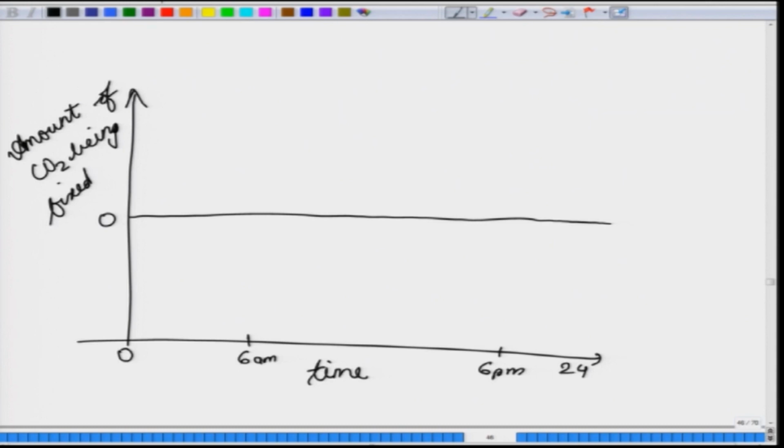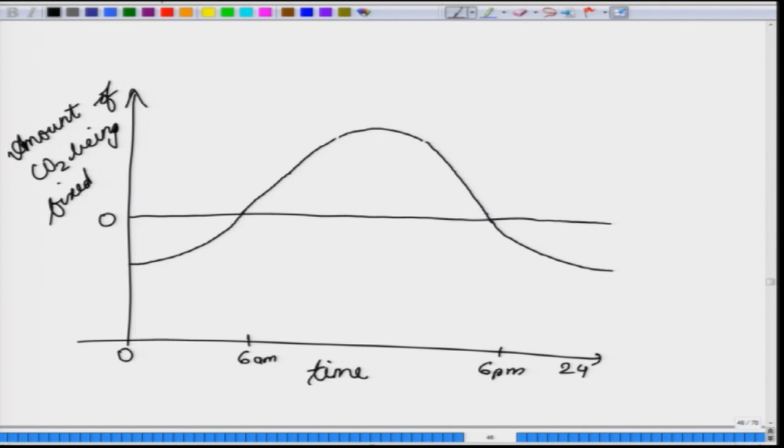Now, the amount of carbon dioxide that is being fixed by the plants will increase during the daytime, probably reach a maximum, and then it will go down. And in the night time, there is no carbon dioxide being fixed, but carbon dioxide is actually being released by the plants.